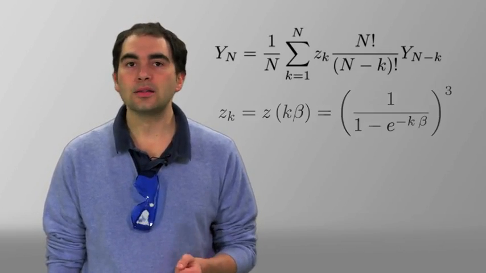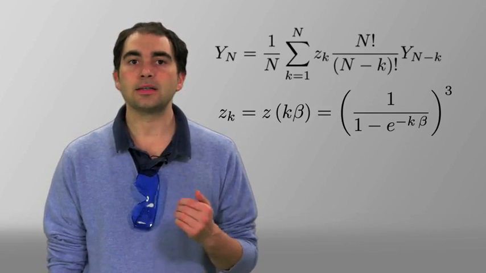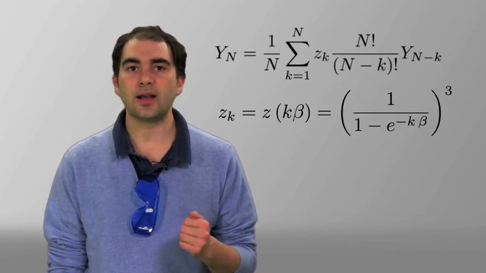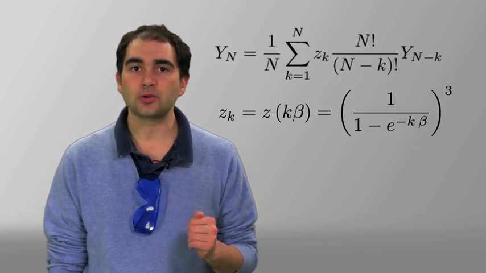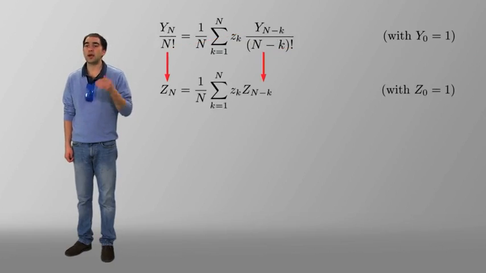Now, the weight of a cycle of length k is given by the single particle partition function at the inverse temperature beta k. Taking into account that partition functions carry a factor 1 over n factorial, we can reorganize the relation in this way.